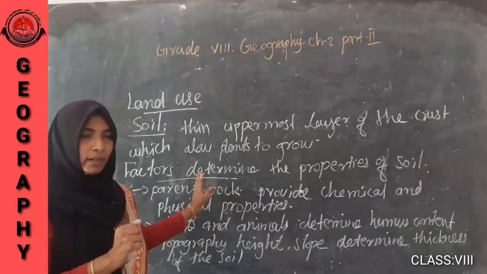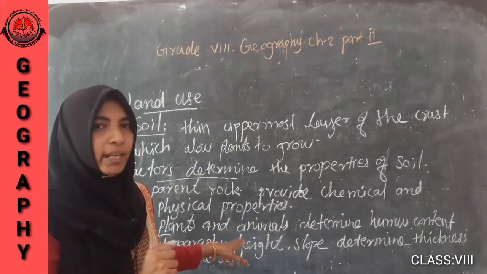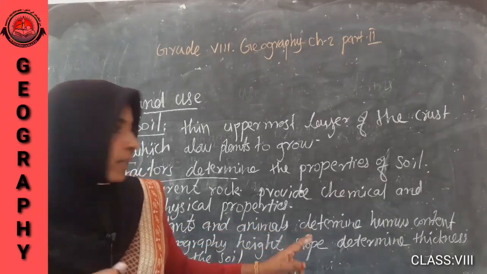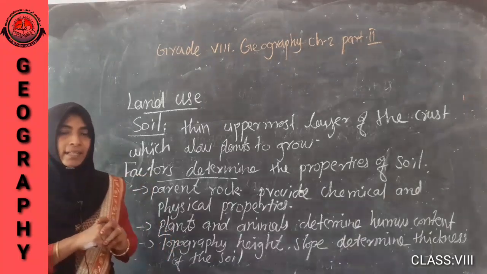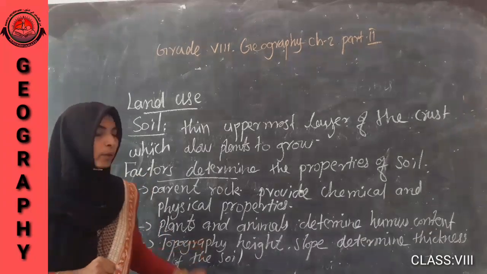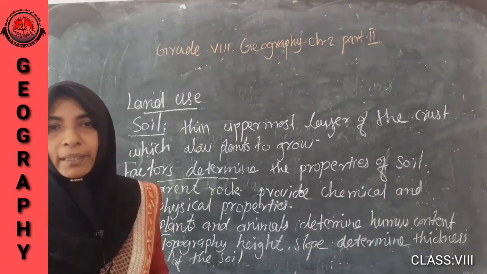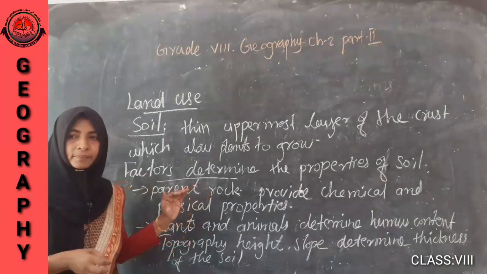Second one, plants and animals determine the humus content. Then what is the role of topography, height and slope? It will determine the thickness of the soil. These are the factors.